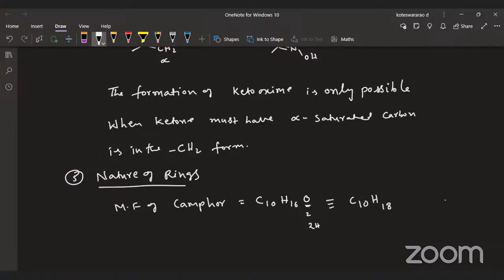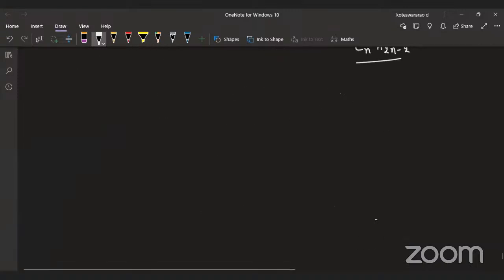C10H18 resembles CnH2n minus 2, because here oxygen is divalent. Now, after acquiring this general formula, we have some conclusions from nomenclature.